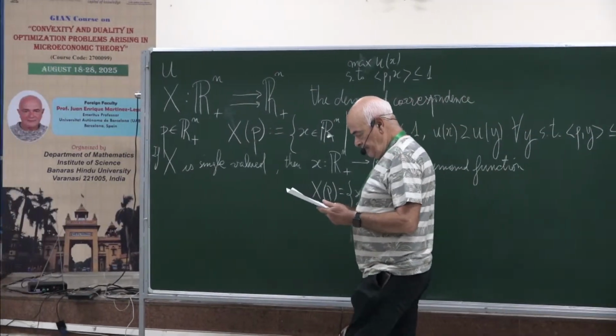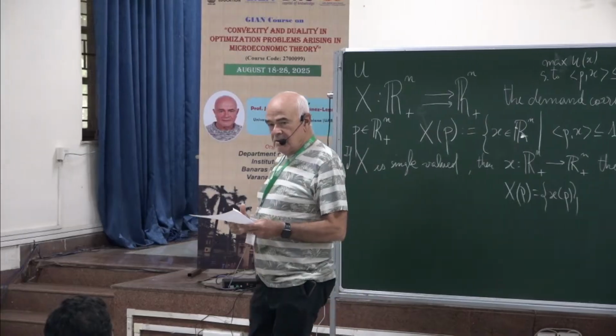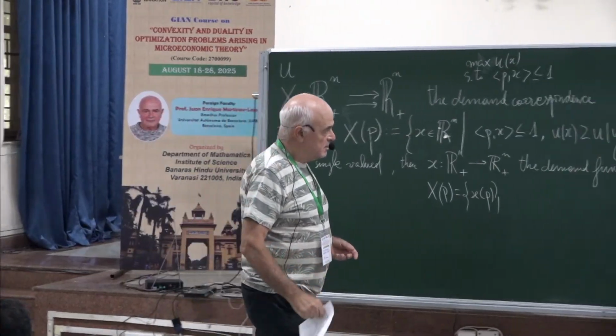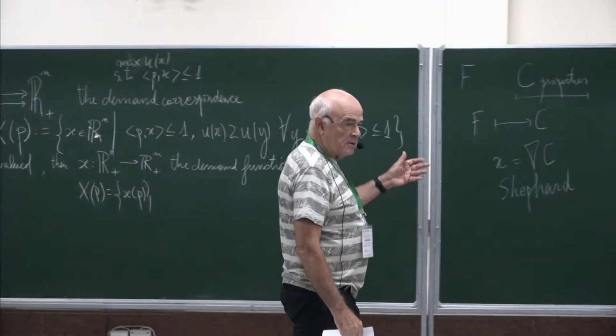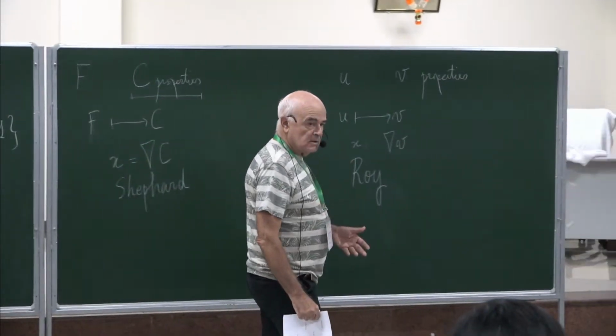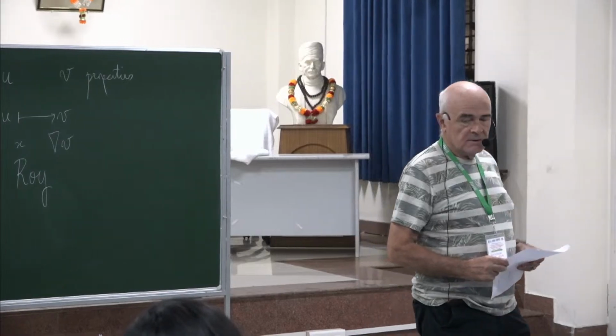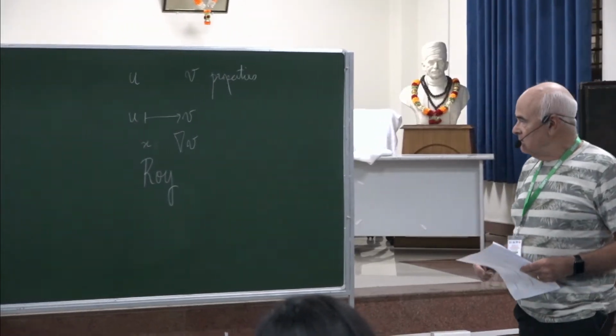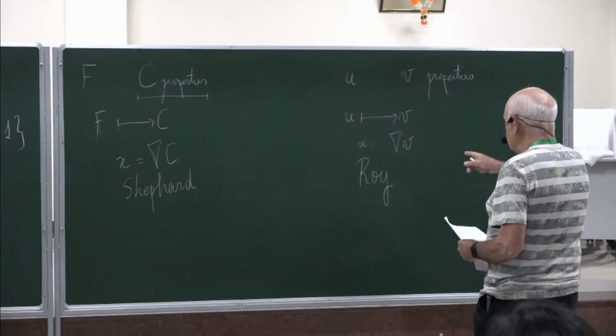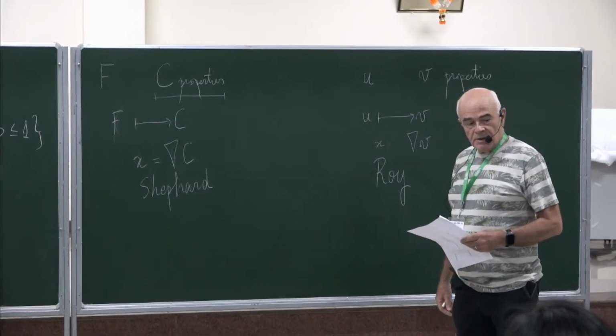Well, now let us see what I mentioned, that under some assumptions, this demand can be obtained by just taking the derivative of V, the indirect utility function.